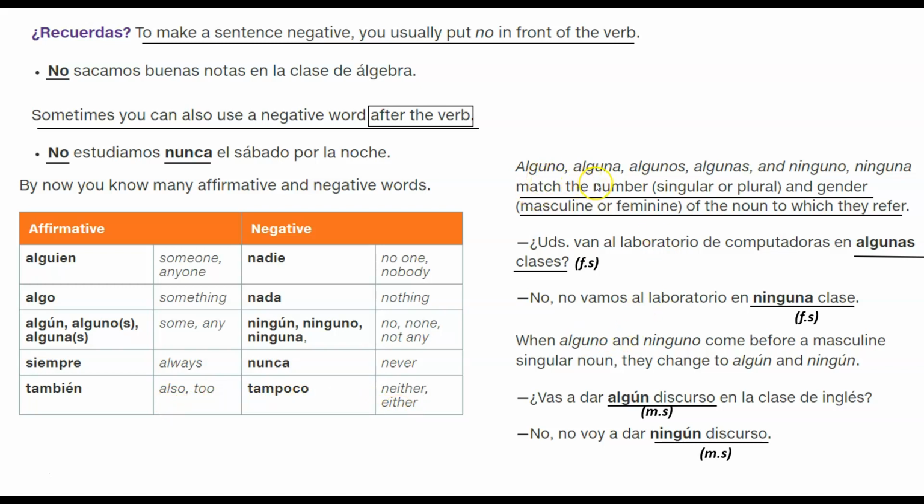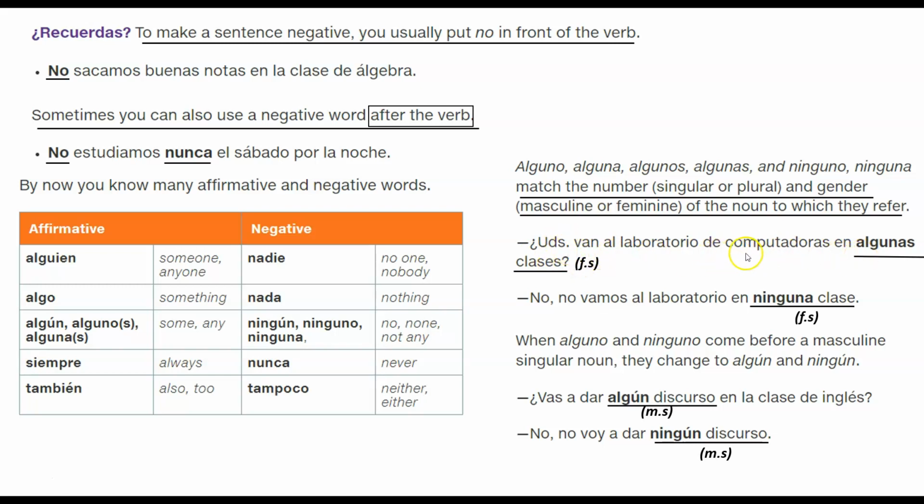So, alguno, alguna, algunos, algunas, and ninguno, ninguna, these ones here in the middle, match singular or plural, which means one or many, and gender, male or female, of the noun or object that they're referring to. So depending on what they're talking about, you have to make it match. So this should be feminine plural, my bad. ¿Ustedes van al laboratorio de computadoras en algunas clases?